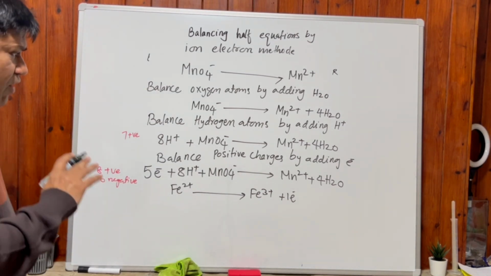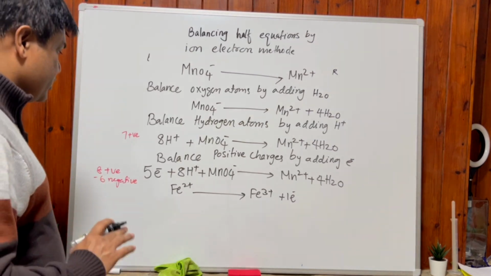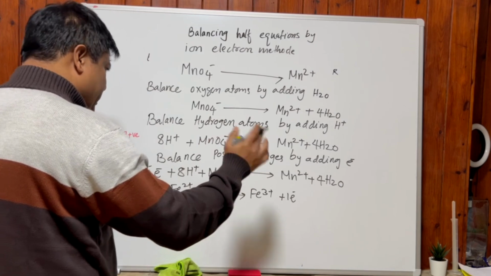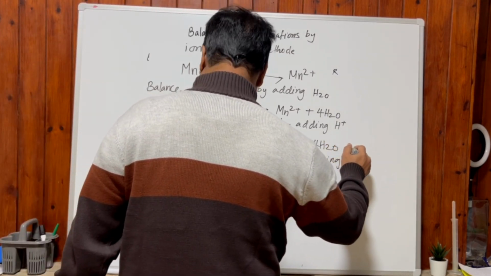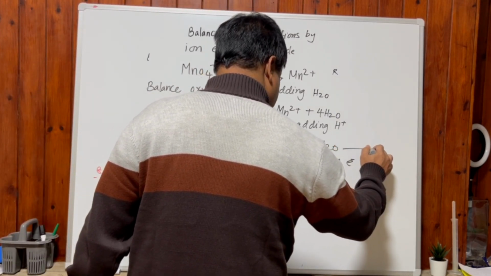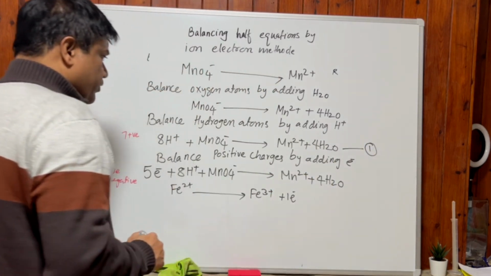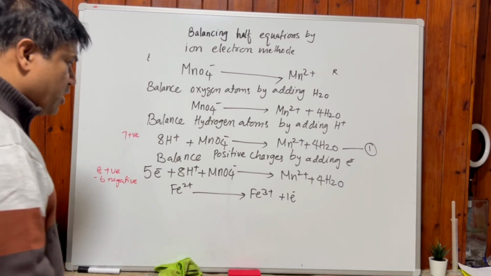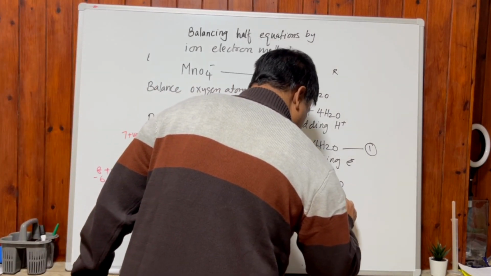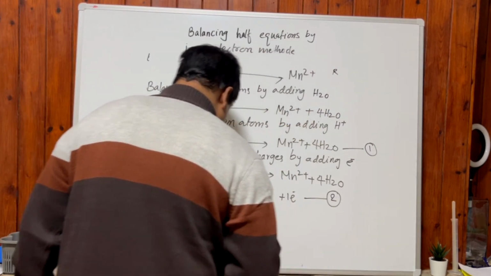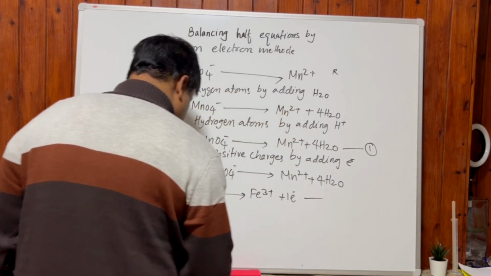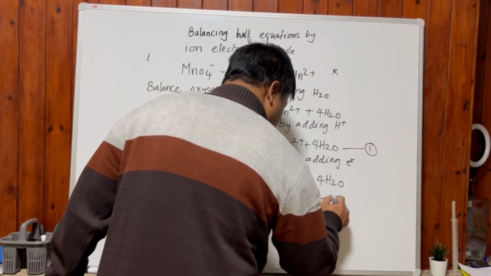After that, you have to add both the equations. Suppose this is my one equation, which undergoes reduction. So this is my oxidation equation. You can give any notation, any numbering, or any letter, whatever you feel convenient.